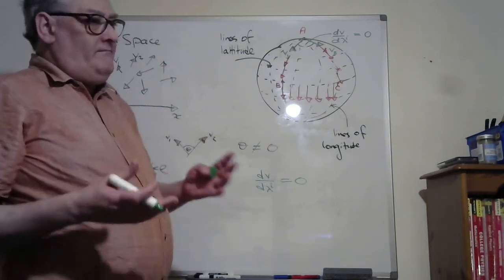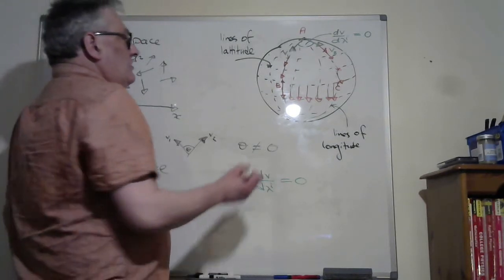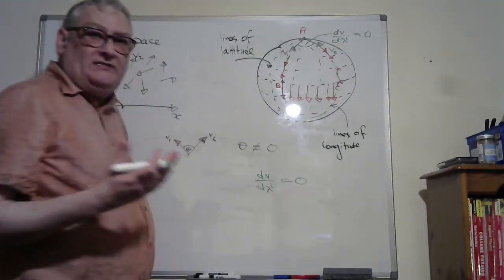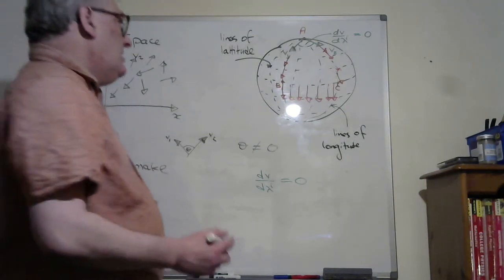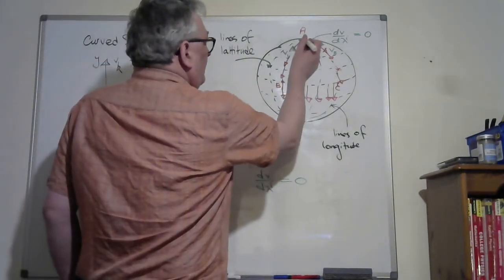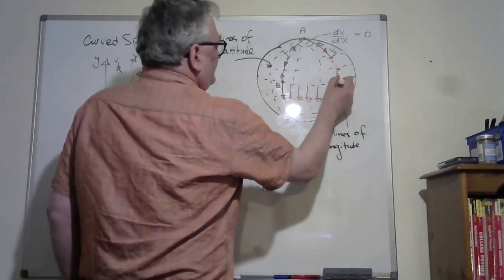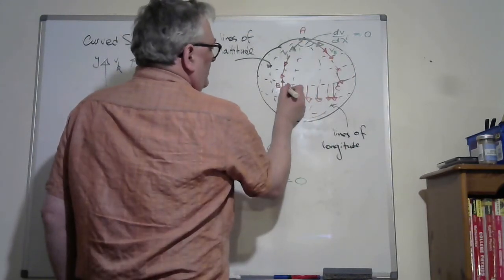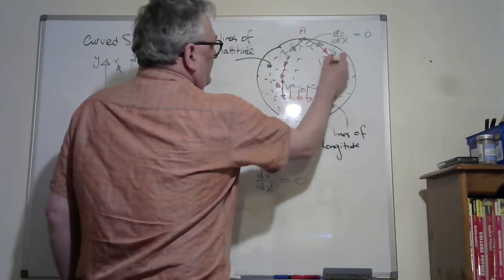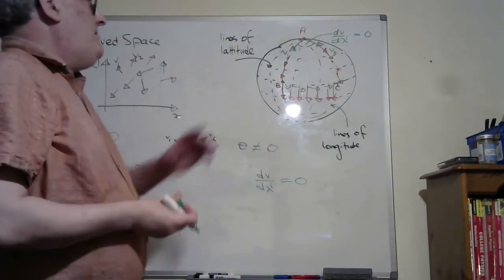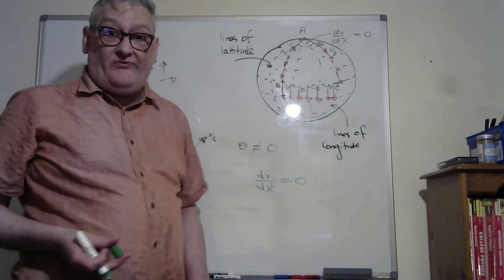It would certainly be quite odd motion to an external observer, because, as will be shown in some of the examples, in God knows how many videos' time, as you go from A to B, and then from B to C, and then from C to A again, you have to do some very odd twisting motions that ultimately get you back to the point A with the same velocity vector that you started out with.